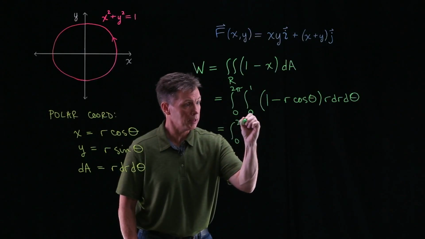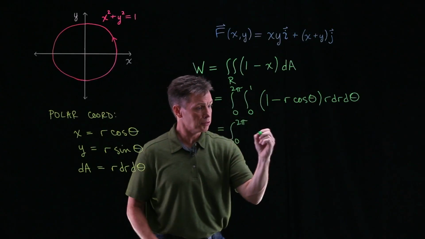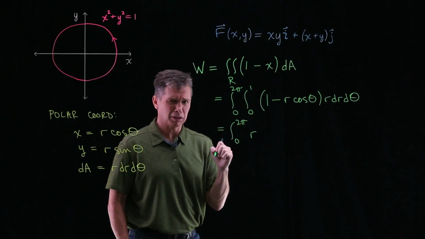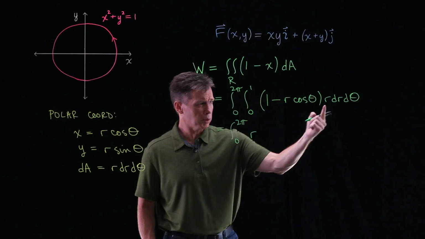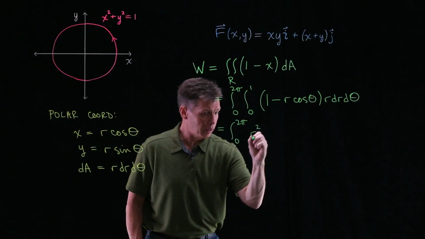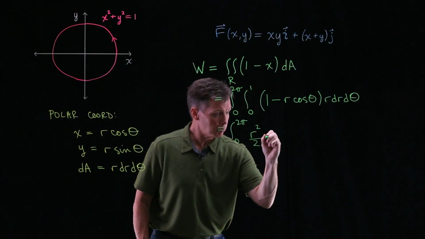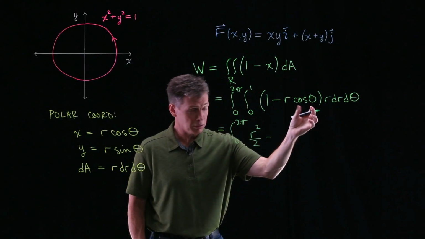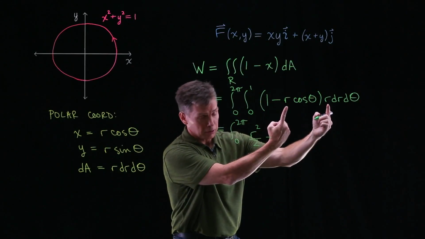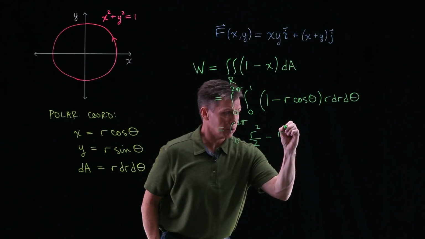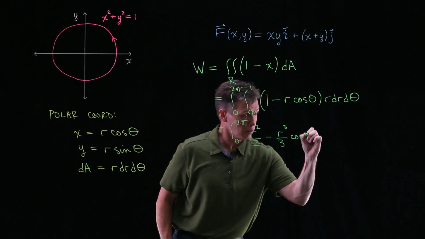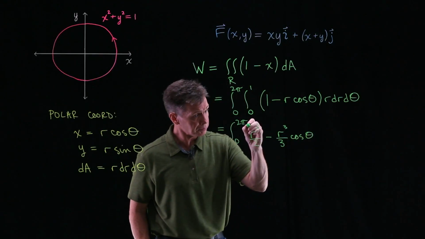0 to 2 pi. Integrating with respect to r first, that's just going to be r. Let's do the integration. I was going to distribute through first. The r would have to multiply, but I'm just going to get an r there. So r squared over 2 minus cosine theta is just a coefficient if I'm integrating with respect to r. I do have r times r, so r squared is going to go up to r to the 3 over 3 times that coefficient of cosine of theta.